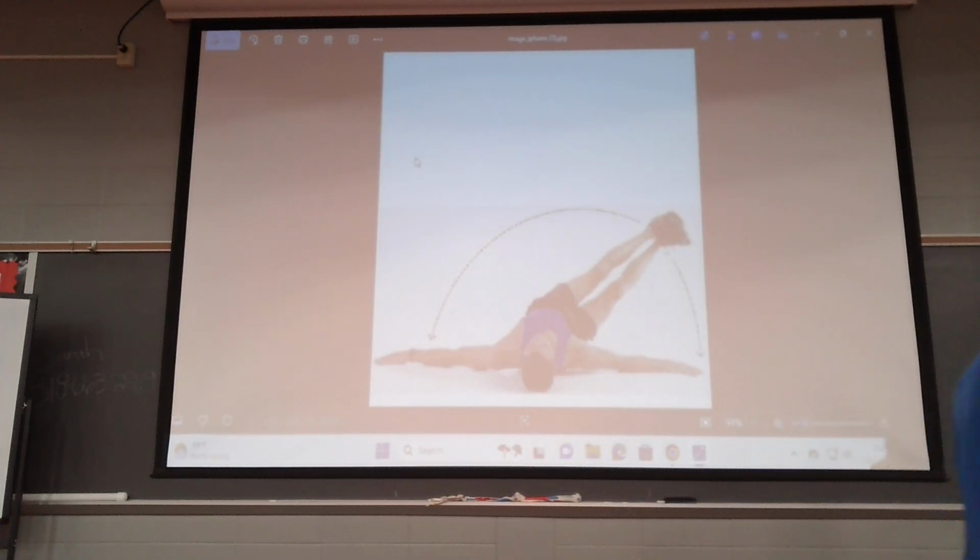Give it some thought. I tried to make it obvious, but I didn't say it. This is a transverse question, right? We're not talking about anterior, posterior. We're not talking about right, left. This is a transverse question.